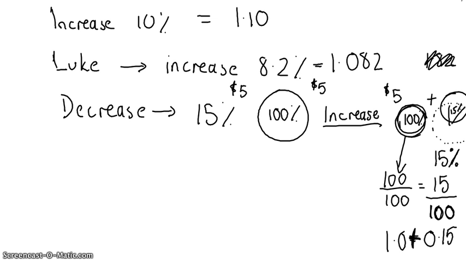If we're decreasing $5, so, sorry, back here, you're doing 1.15 multiplied by 5, which would give you your new amount of dollars. So you're going to get $5.75 back.